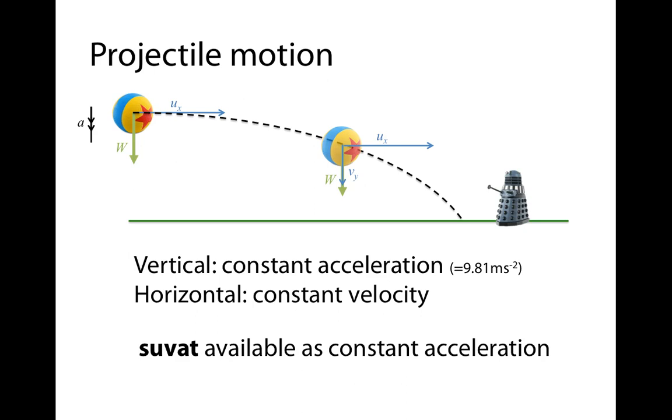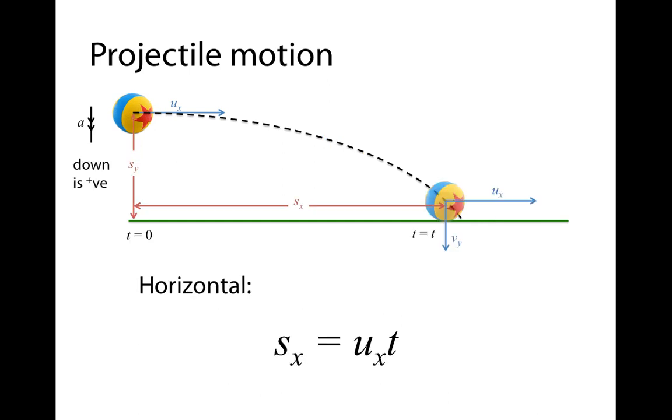Since we have two lots of constant acceleration, vertically 9.81 meters per second squared, horizontally 0, constant velocity, but still constant, we can use the SUVAT equations. They are available for us to use. And it is using those equations that we analyze the motion of a projectile.